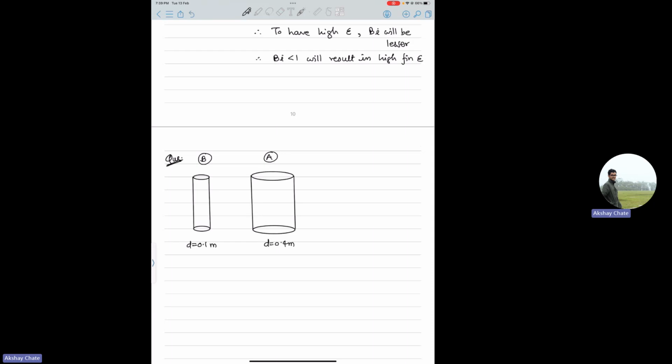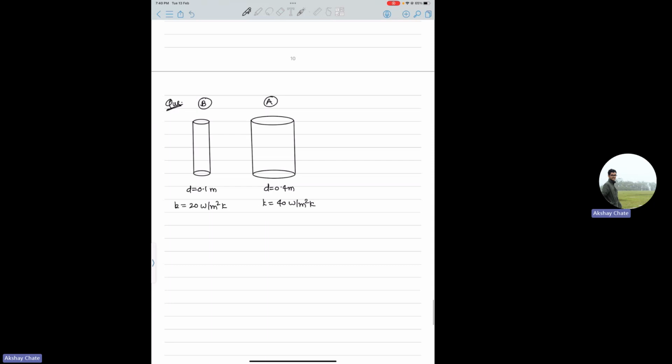They are of same material, okay? Sorry, not the same material, my bad. k is 40 watt per meter Kelvin for this one, and k is 20 watt per meter Kelvin for this shaft. Volumetric heat capacity is given, so that is basically, what should I say, not Cp, it's rho Cp, in joule per meter cube Kelvin.